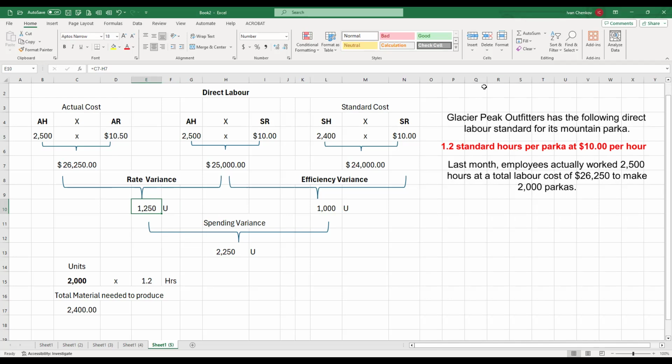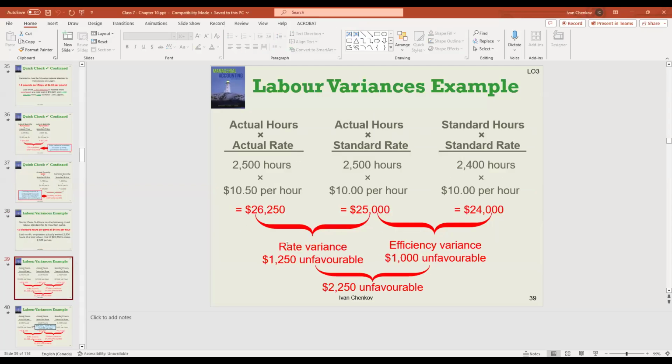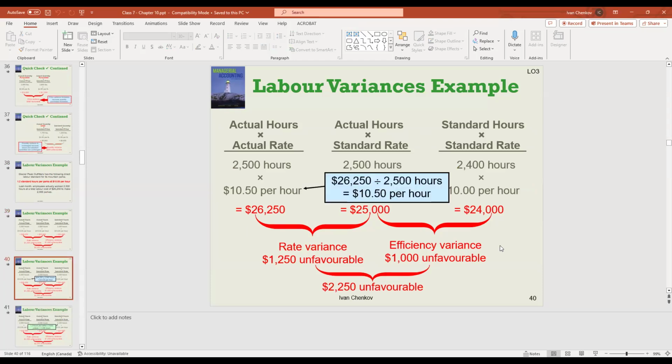So let's go to the slides and continue. We can prepare the same chart that we just prepared, and we come up with the rate variance and efficiency variance, both unfavorable. The overspending variance is also unfavorable.